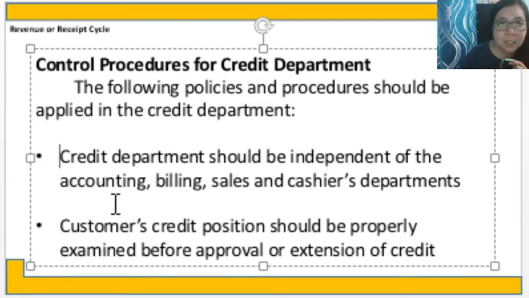Because in this case, the credit department normally, they are the ones who are responsible for approving the credit to be extended to the customers. So there should be a policy on who are the customers who are qualified to be extended credit, because not all customers are qualified.